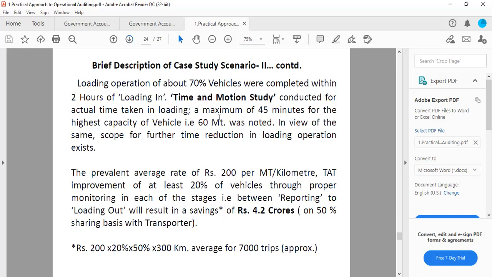So here is an example of what the company did using the time and motion study. Loading operation of about 70% of vehicles was completed within 2 hours of loading in. Then based on this TMS or time and motion study, they were able to get the actual time, a maximum of 45 minutes, and for the highest capacity of vehicle, 60 minutes was noted.